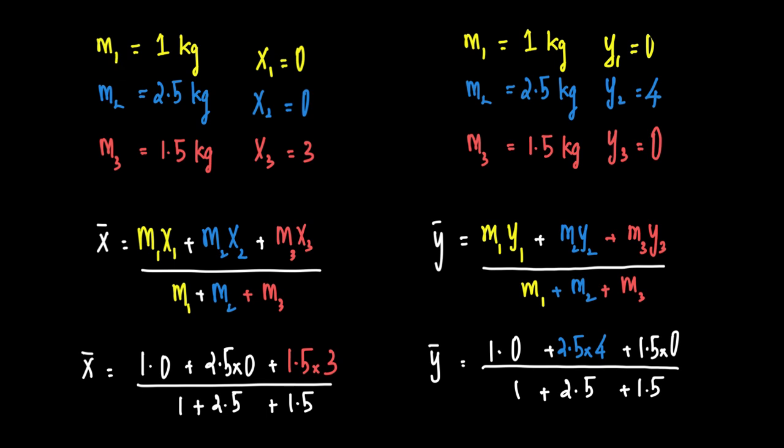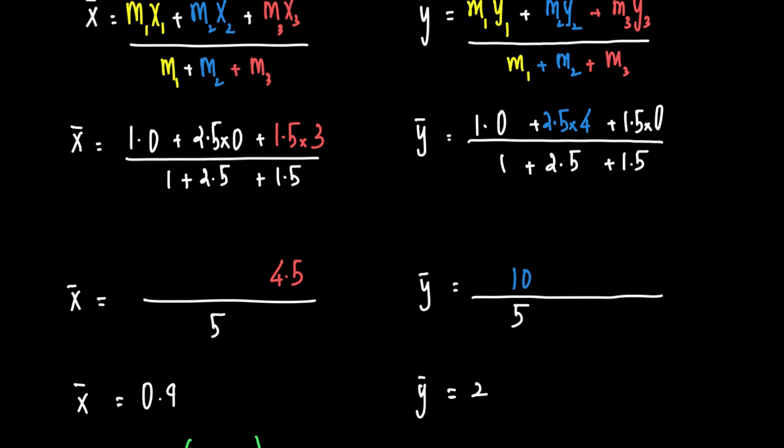So we have m1 x1, m2 x2, m3 x3. What is x bar? m1 x1 plus m2 x2 plus m3 x3 the whole upon m1 plus m2 plus m3, which is, m1 is 1, so 1 into 0 plus 2.5 into 0 plus 1.5 into 3, which is 4.5 by 5, equal to 0.9.